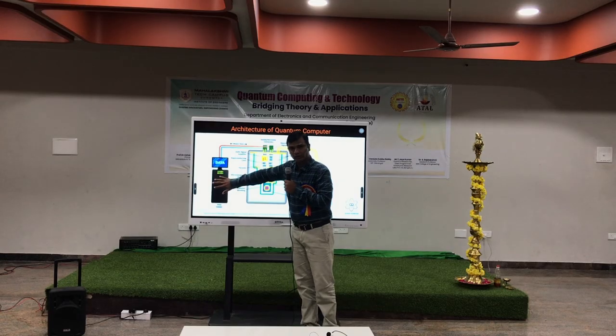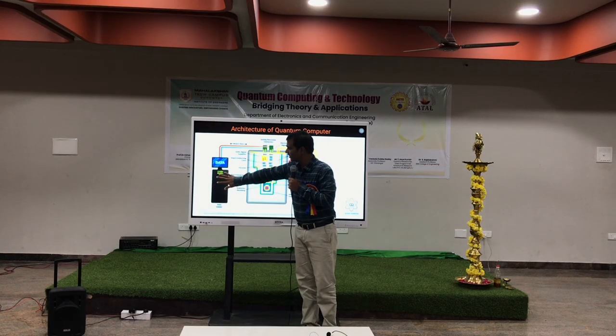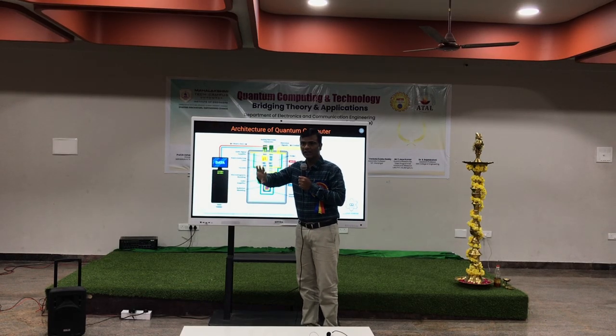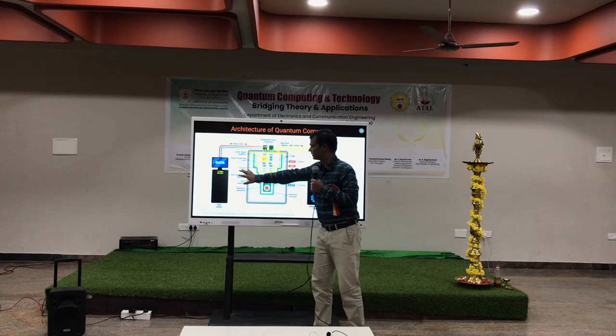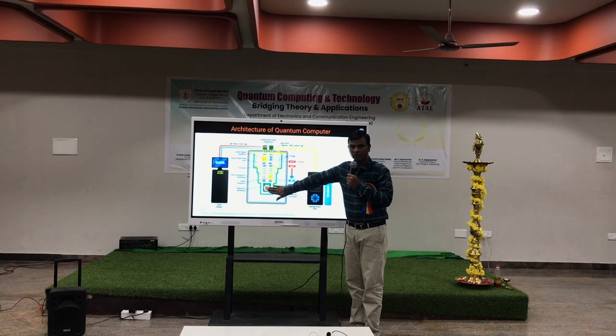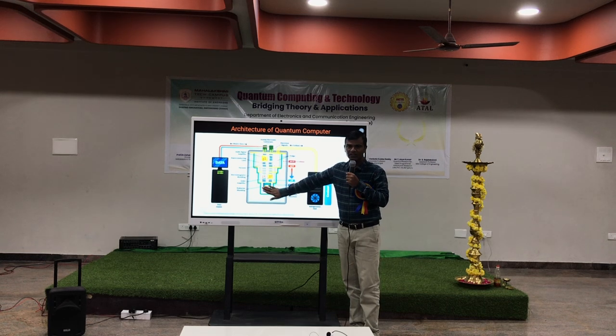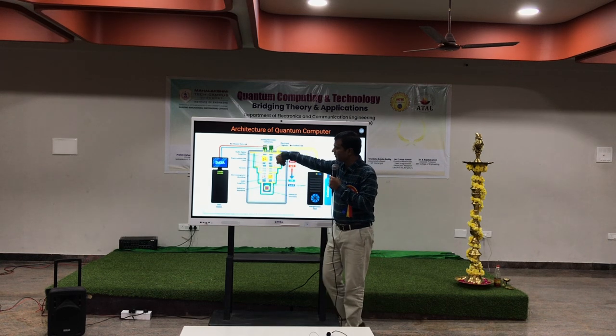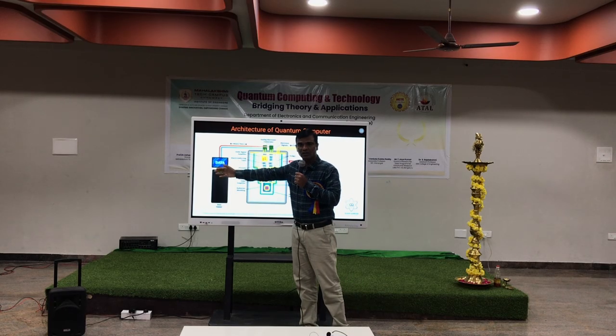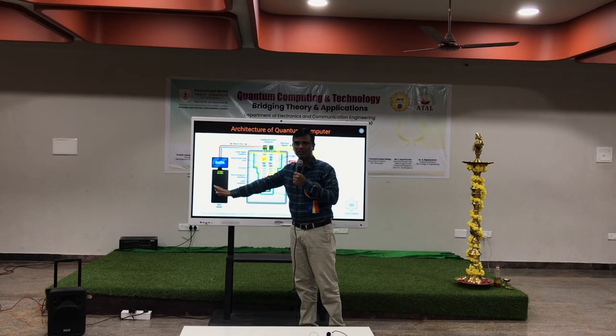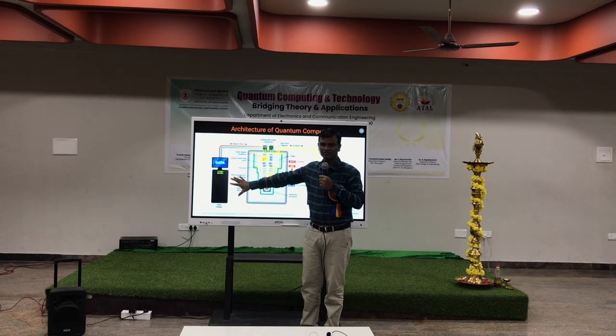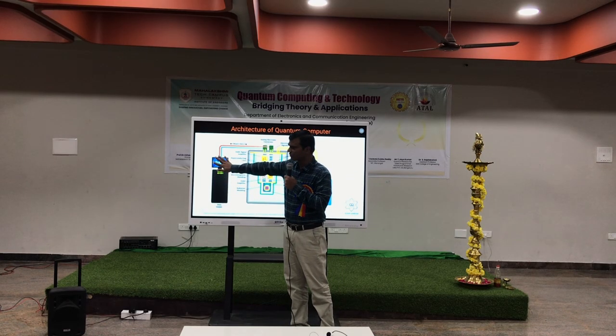Here your data center will be there. How a typical workflow will flow: how data will flow from your data center to your quantum computer to a quantum processor, and once the data is processed, how it will be given back to the user, and then how it will be stored in the data center. Here these are the normal data centers, and this is your normal computer.